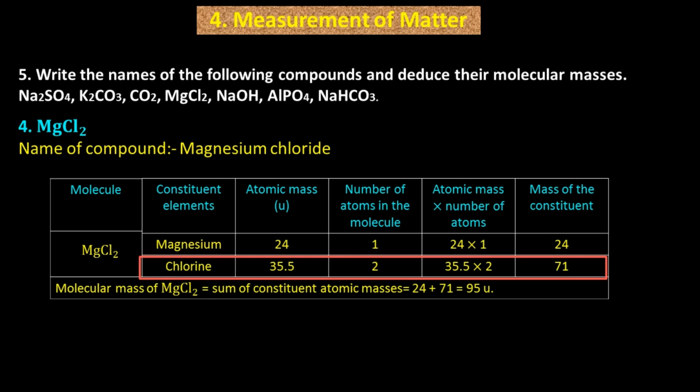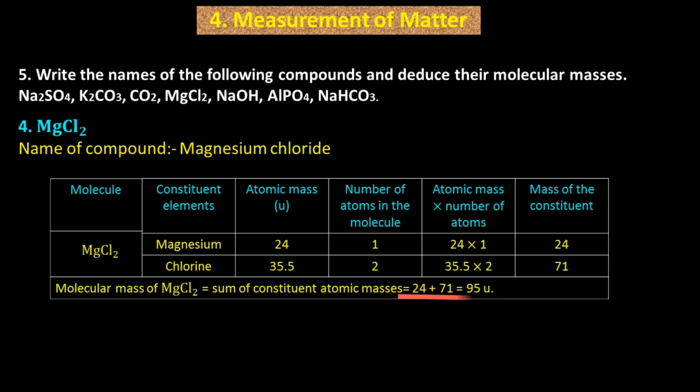Number of atoms 2. Therefore, 35.5 multiplied by 2 is equal to 71. Therefore, the molecular mass of MgCl2 is equal to sum of the constituent atomic masses, that is 24 plus 71 is equal to 95 Dalton. Therefore, molecular mass of MgCl2 is 95 Dalton.